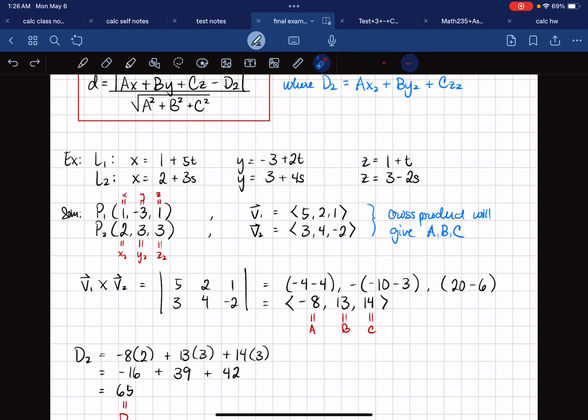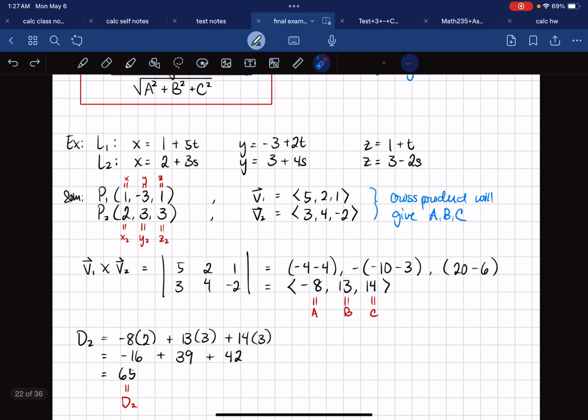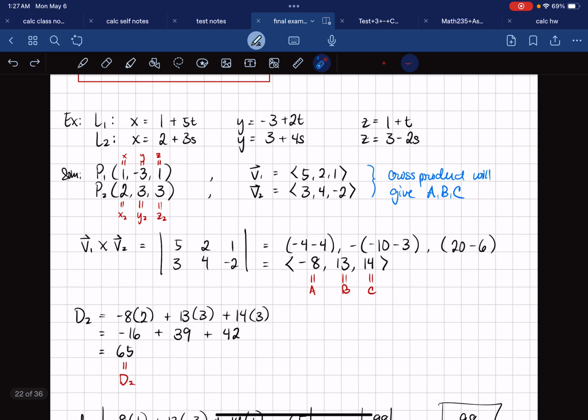For P2, we do have to note that it's x2, y2, z2, because we're going to use that for solving d2. We also transform the lines into vectors: a 5 here, a 2 here, and a 1 right there.